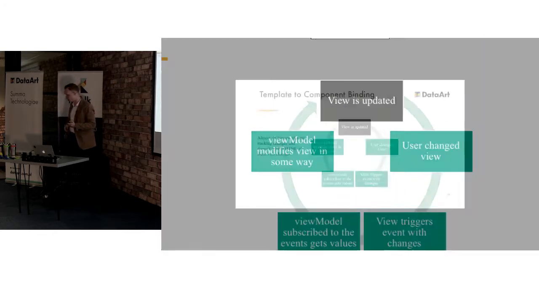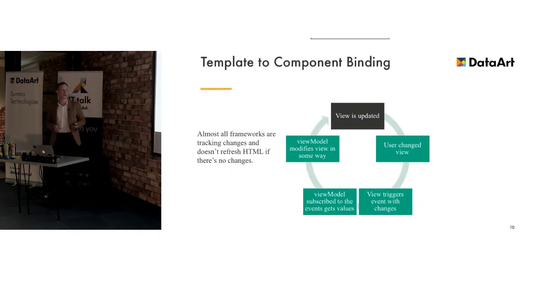So modern frameworks work in another way, and they have a mechanism to prevent updating the DOM tree when there are no changes. For example, the user typed something, but it didn't affect anything in our template, in our view, so we shouldn't update anything.